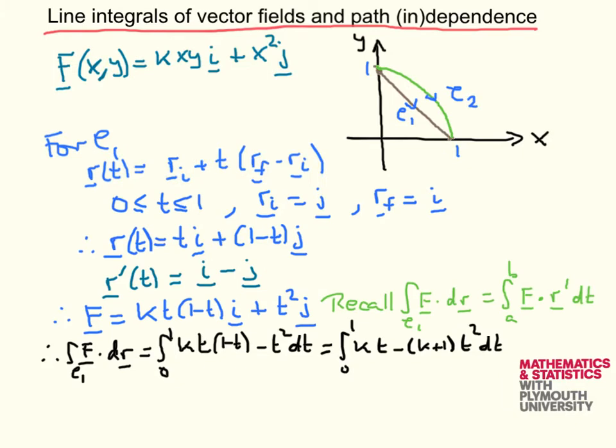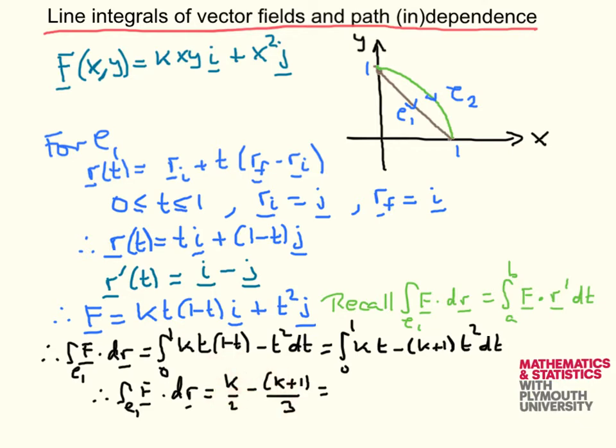So what we obtain is that our line integral over this path C1 is going to be kappa over 2 minus kappa plus 1 all times a third, and if we put that over a common denominator of 6, we're going to find that we have 3 kappa over 6 minus 2 kappa over 6.